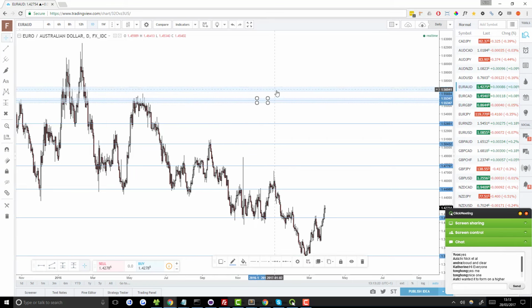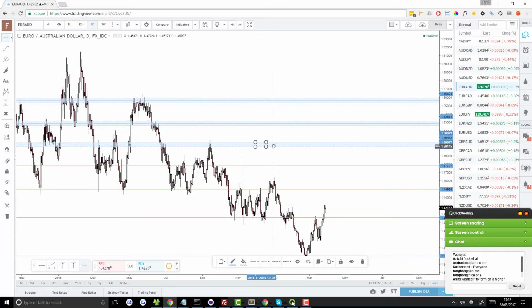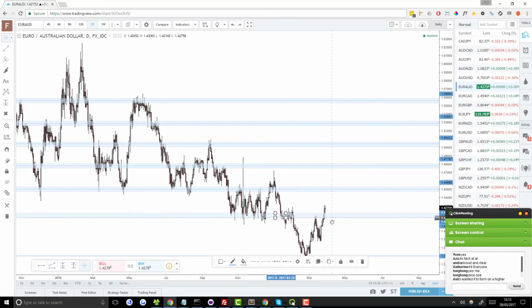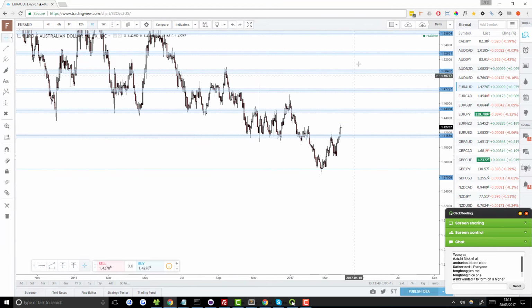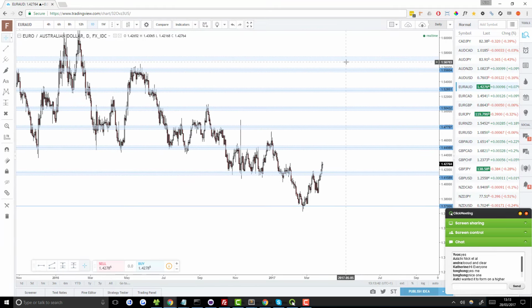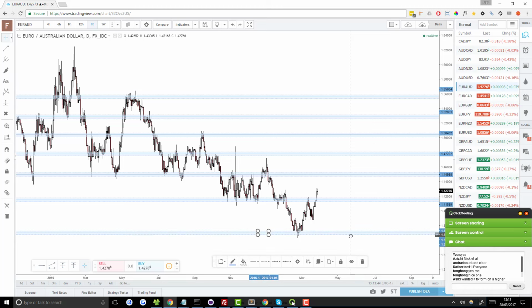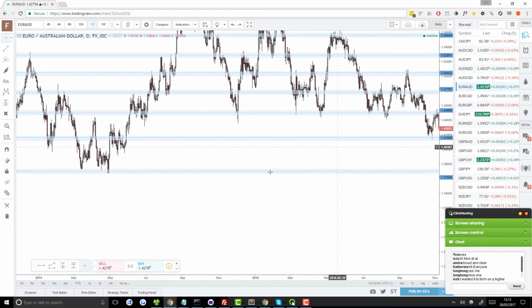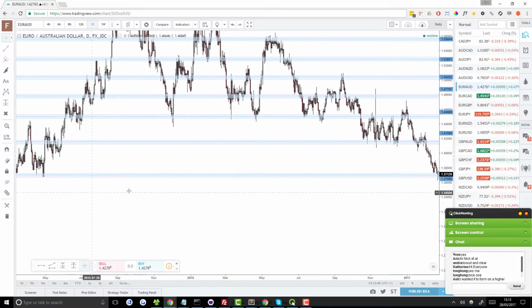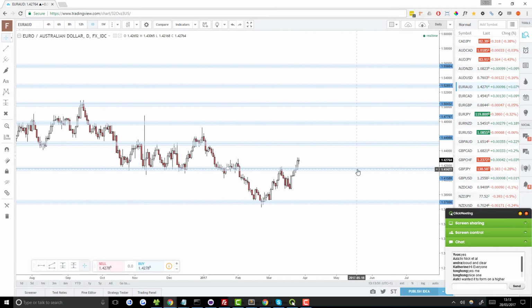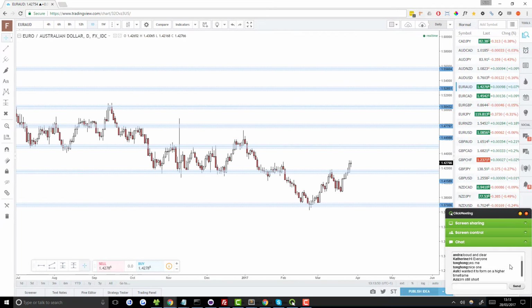I don't like it when they look too wide. And there we have it, some fresh support resistance for EURUSD. Was that easy? People like to make placing support resistance so complicated, but it really is just connecting the dots.